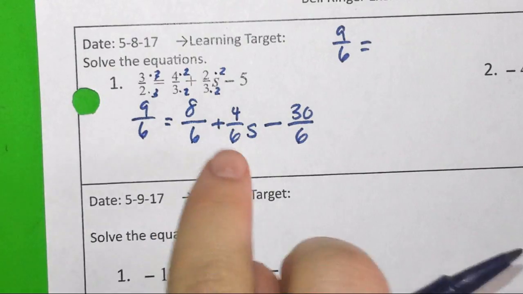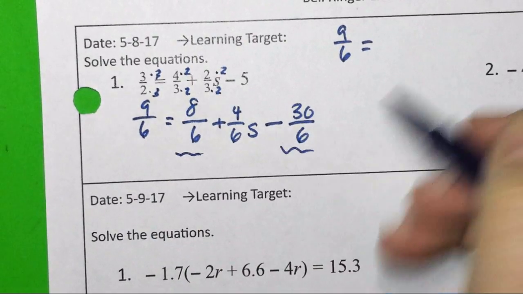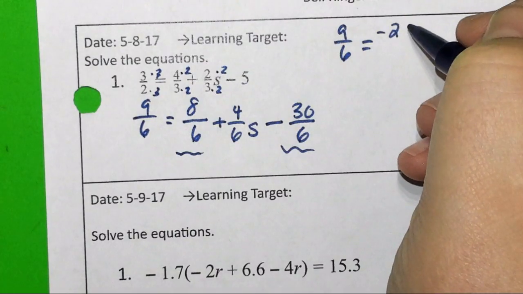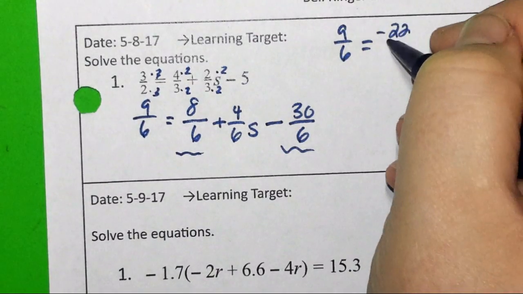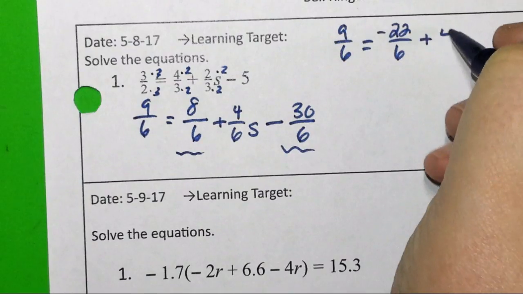Okay, 8 minus 30, because we're combining like terms. 8 minus 30 is negative 24. So that's not right. Negative 22. Negative 22 over 6 plus 4 6s.